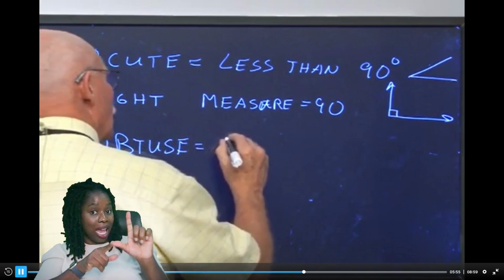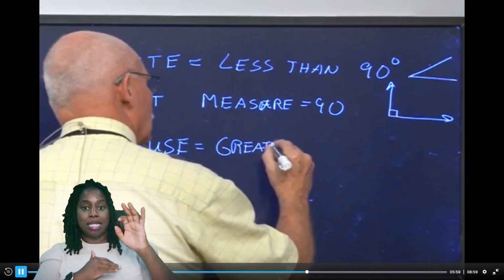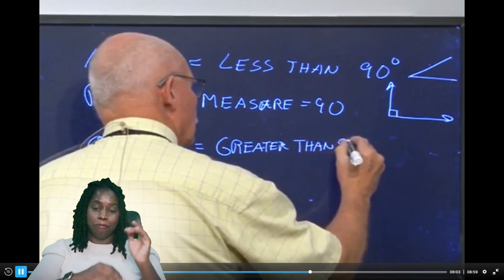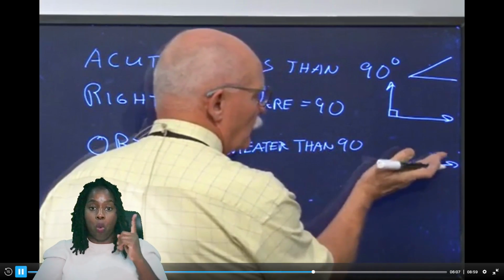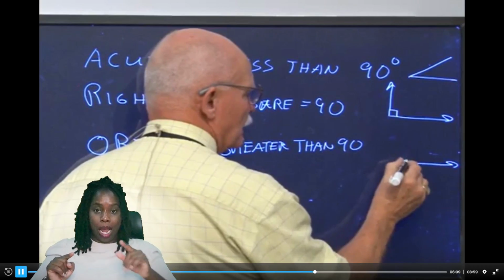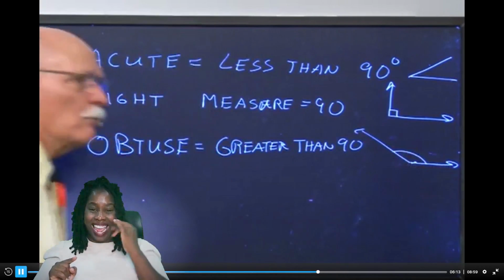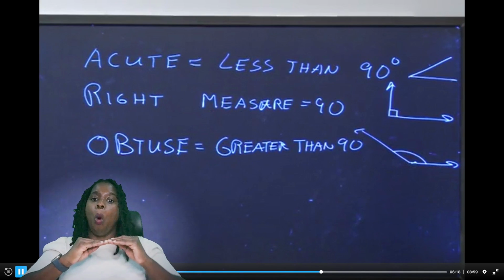An obtuse angle has a measure greater than 90 degrees. So here's one side. If I start opening it up, when I get that big, that's 90. And then if I make it even bigger, there's an angle that's more than 90 degrees. That's an obtuse angle.